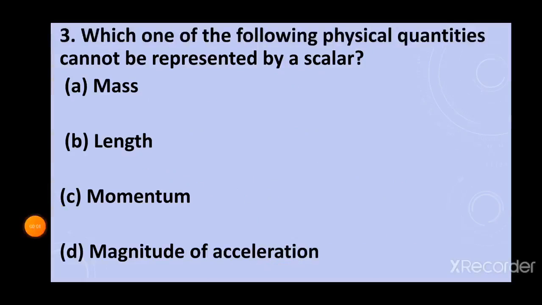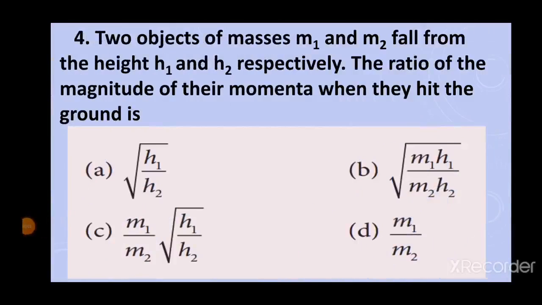Next, the fourth problem. Two objects of masses m1 and m2 fall from heights h1 and h2 respectively. The ratio of the magnitudes of their momenta when they hit the ground is? So student, two objects of masses m1 and m2, heights h1 and h2. Now calculate the ratio of momenta.